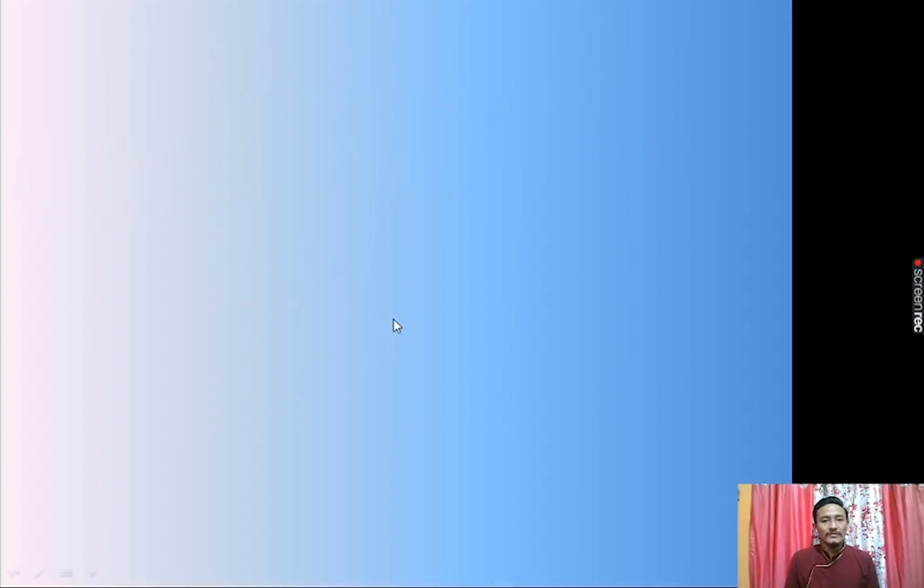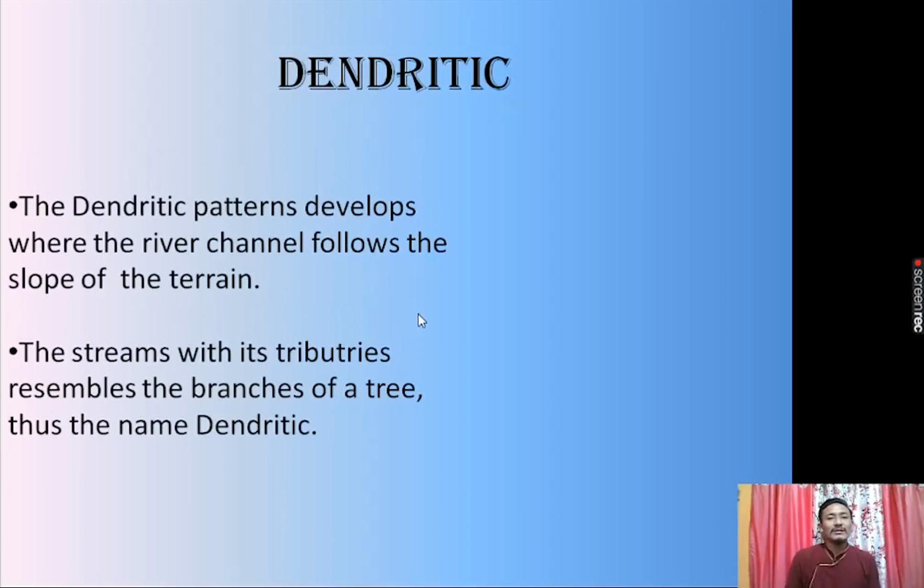Let's go through one by one. So first one is dendritic. A dendritic pattern develops where the river channel flows along the slope of the terrain. The streams with their tributaries resemble the branches of a tree, as the name suggests.